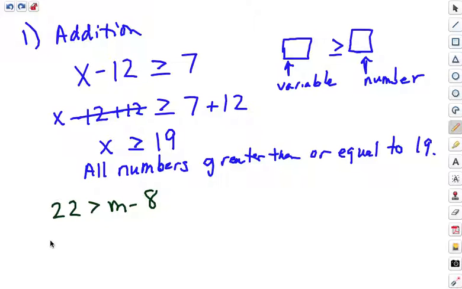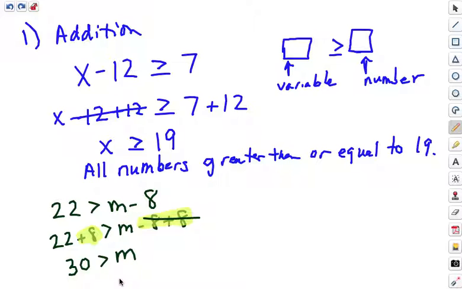We're going to add 8 to both sides, and what that's doing is getting m by itself. So I added 8 here, and I'm going to add 8 over here as well. That cancels out, and 22 plus 8 is 30. So we have 30 is greater than m.